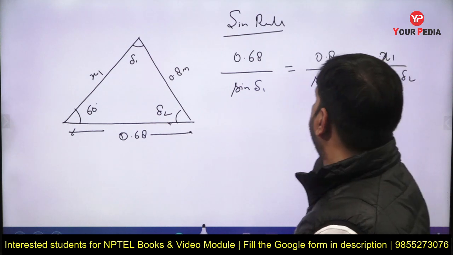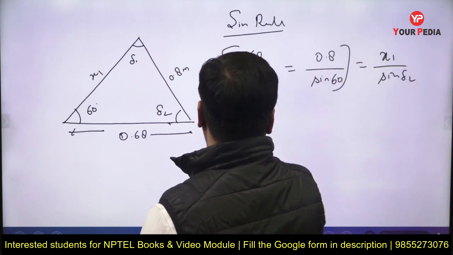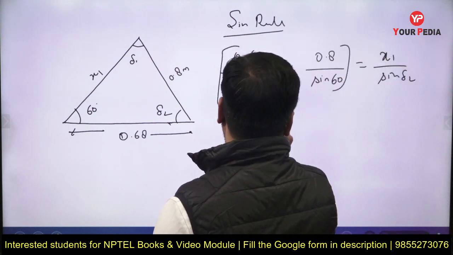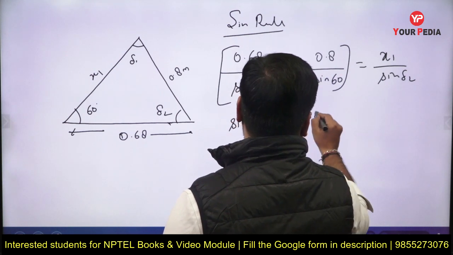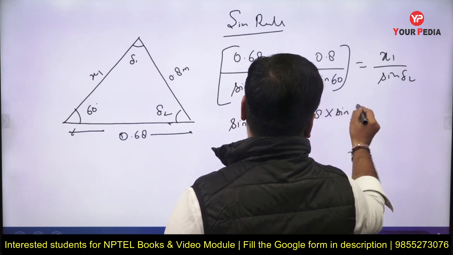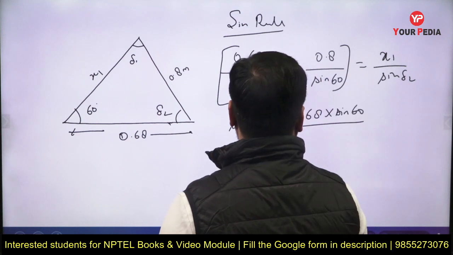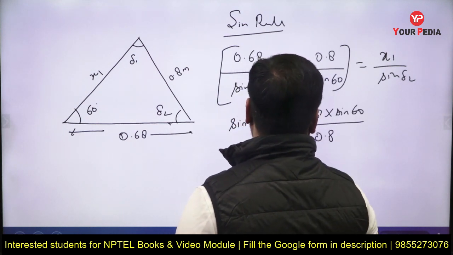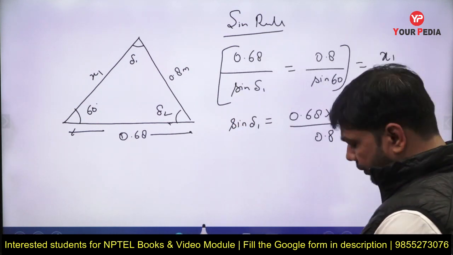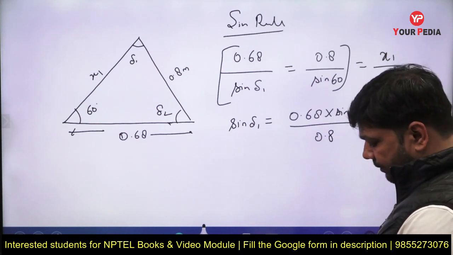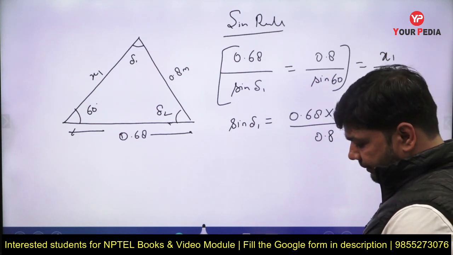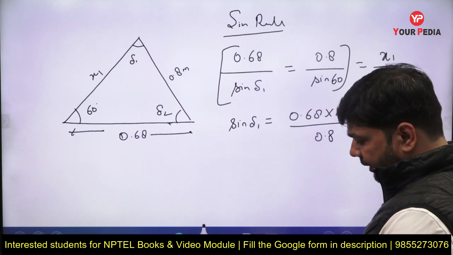Okay, so from here you can just calculate the value of sine delta 1. Sine delta 1 equals to क्या हो जाएगा? 0.68 multiply by sine of 60 upon 0.8.